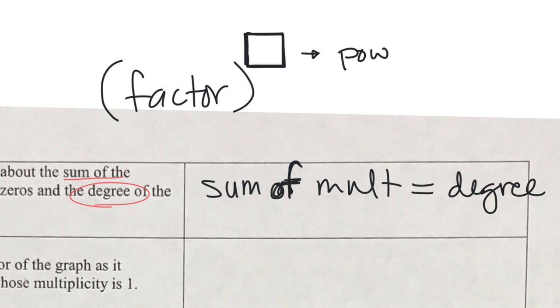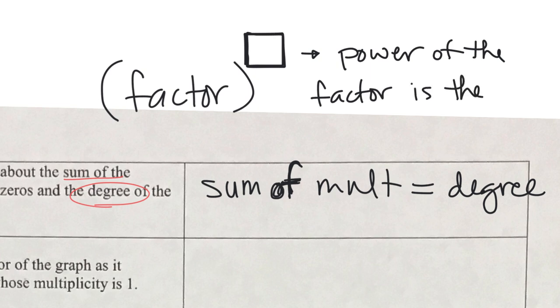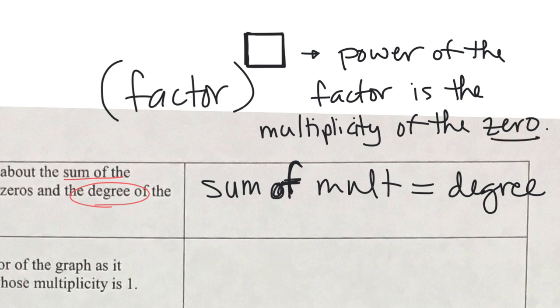The power of the factor is the multiplicity of the root. When we're looking at an equation in factored form, the power of that factor is the multiplicity of the zero.